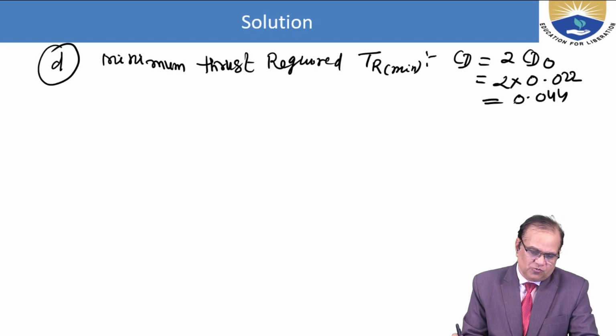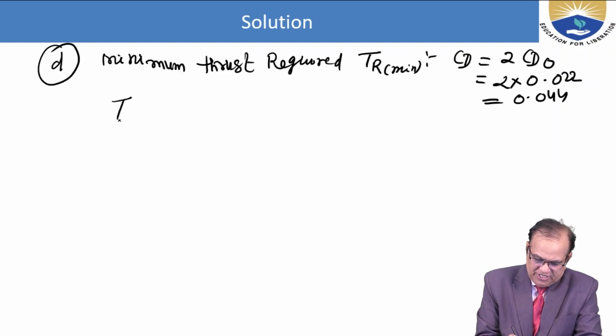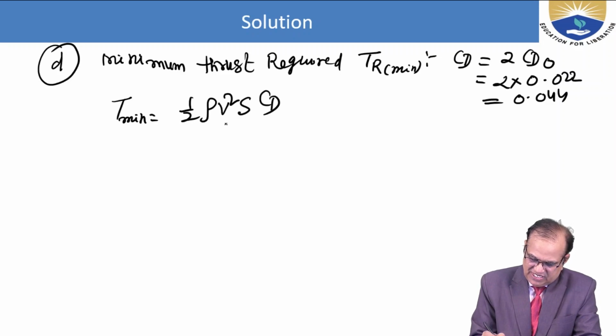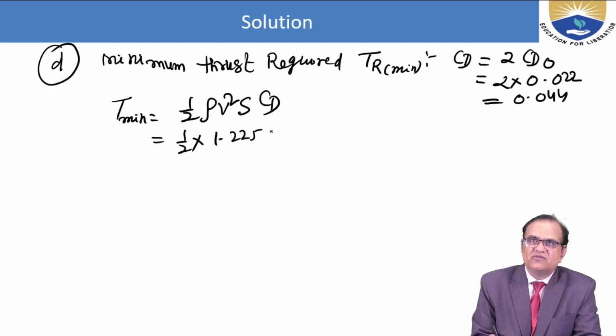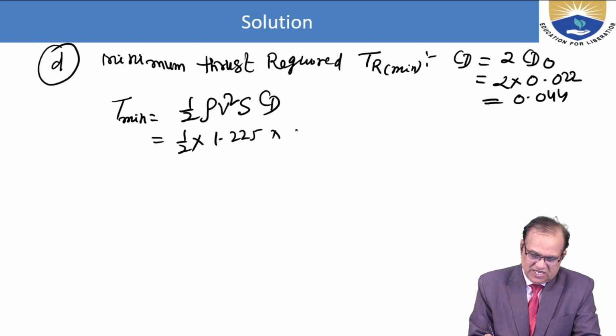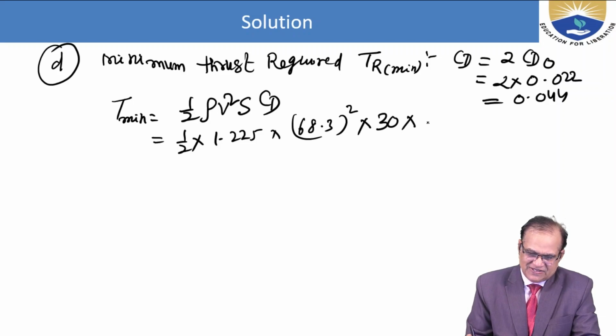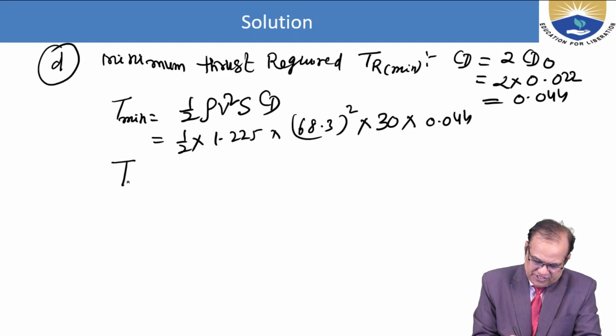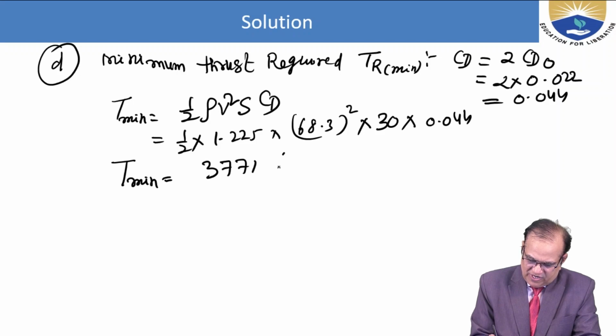CD is equal to 0.044. So now T minimum is half rho V square S CD. Half into 1.225 into velocity 68.3 square, area is 30 and CD is 0.044. So this T minimum is equal to 3771 Newton.